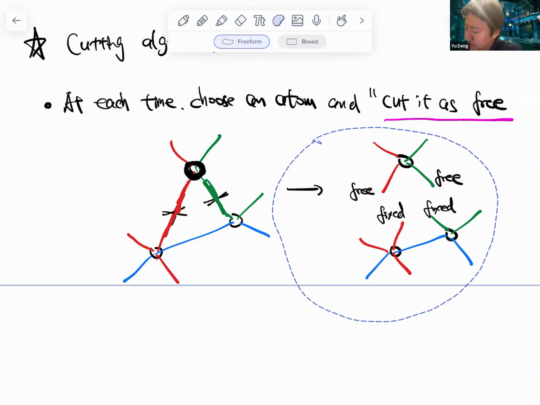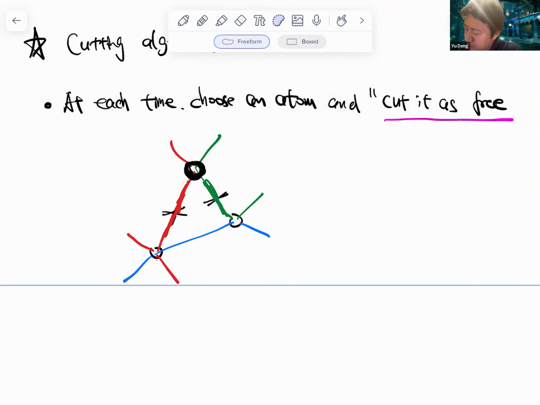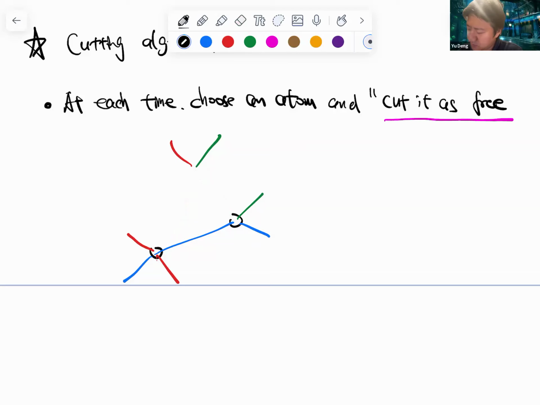Without definition, we're cutting the left one first. So let's redo it. This one. We have this. Okay, so cutting this one first.